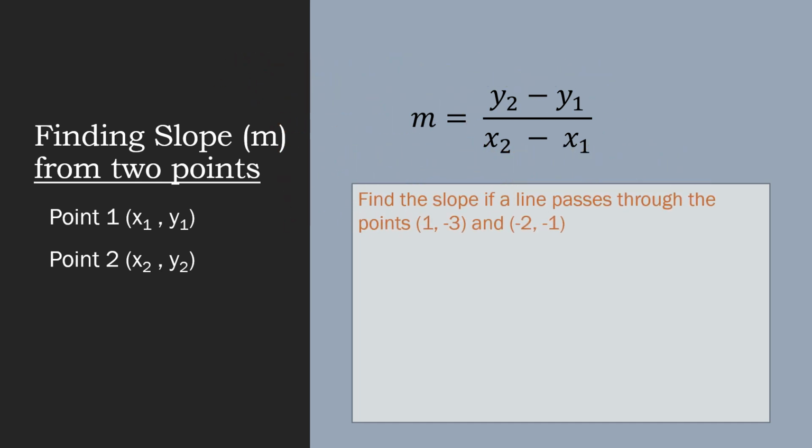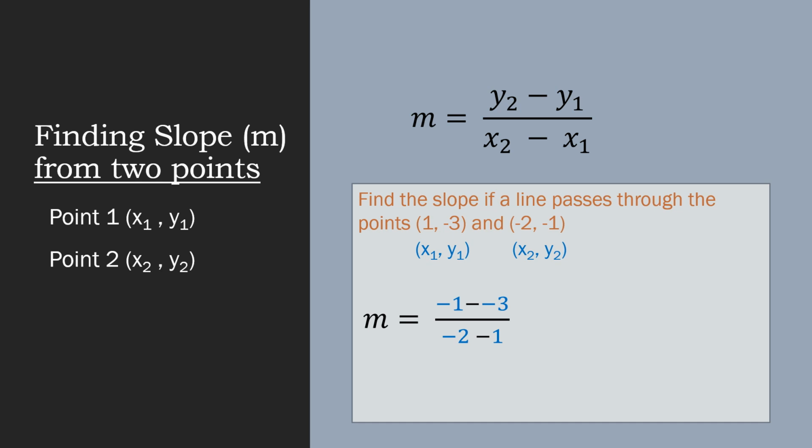Find the slope of a line that passes through the points 1, -3, and -2, -1. The first thing I like to do is always label my points. I'm going to call the very first point I see point 1. That means 1 is x1 and -3 is y1. That means -2 is x2 and -1 is y2.